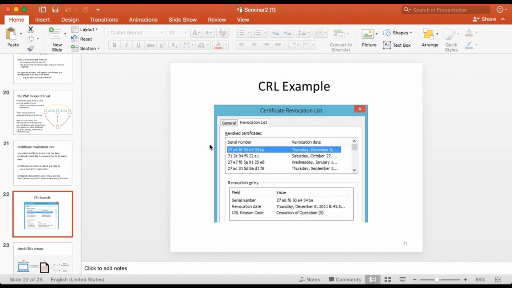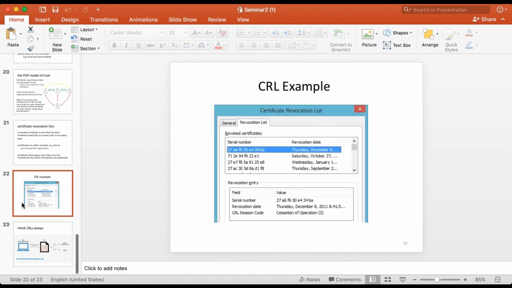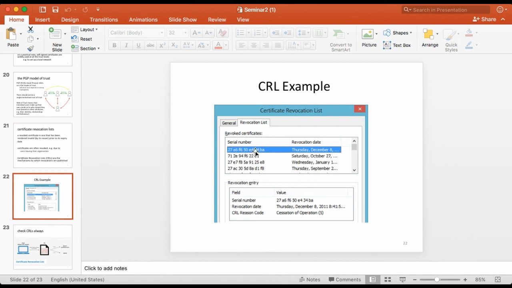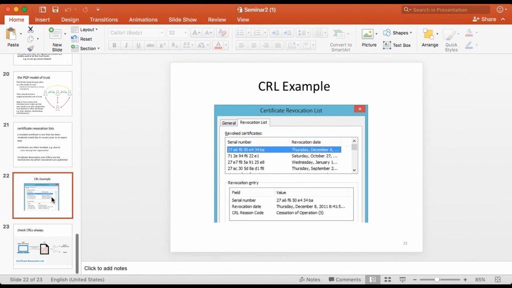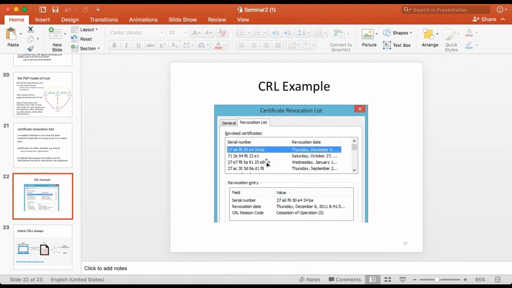So one example could look like this. You have here the serial number of the certificate and the date on which that certificate was revoked. You might have some other information as well, like the reason for revocation and so on, but generally that's the minimum amount of metadata you would have for such a CRL.